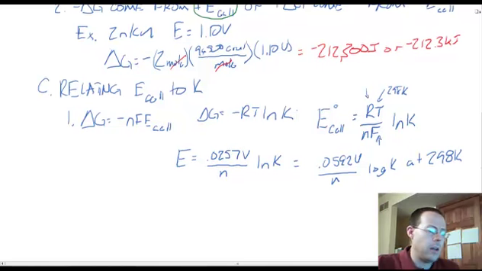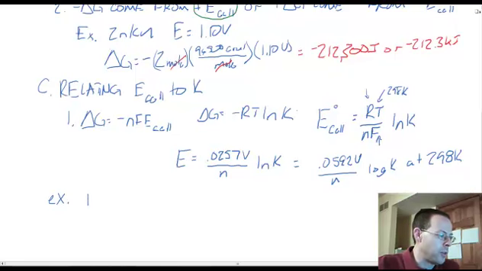And again, we're just going to do an example. What is the K value using our zinc copper equation, which we have from above? Once again, our voltage was 1.10 volts, and we'll use the natural log one.